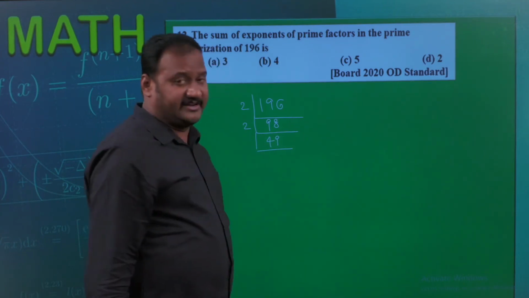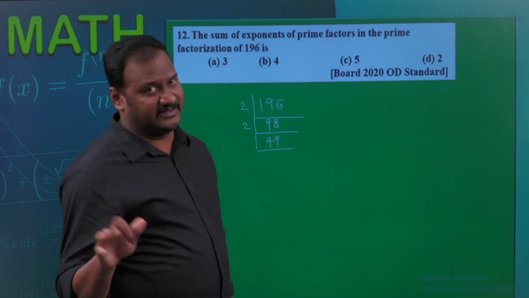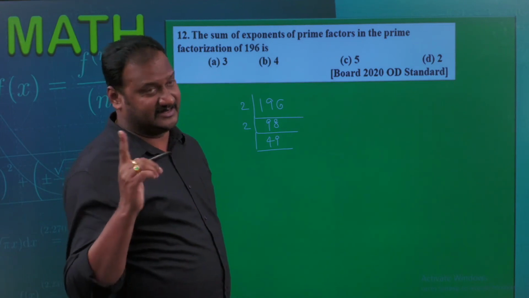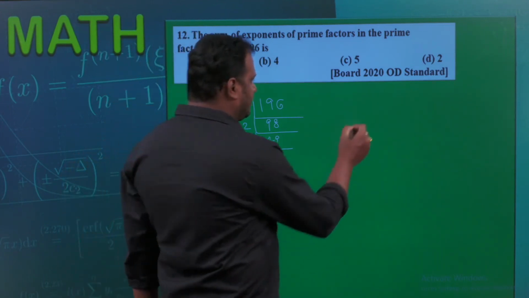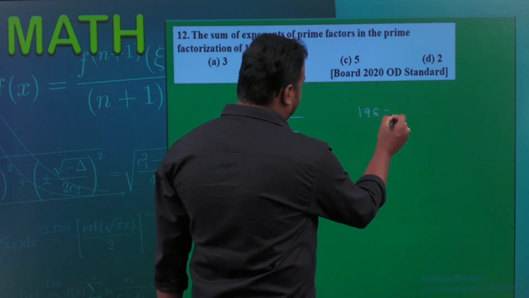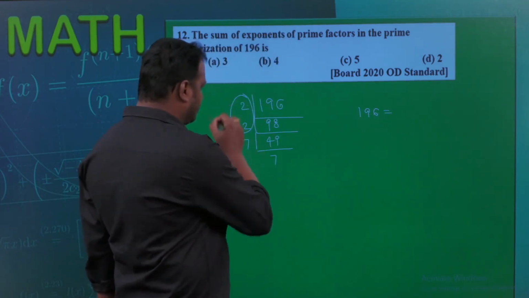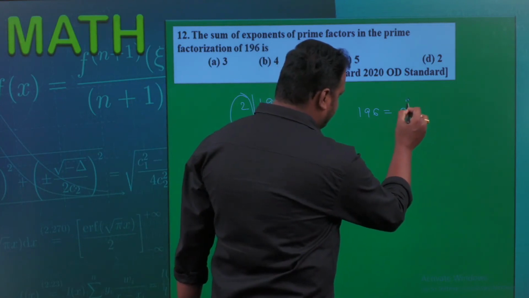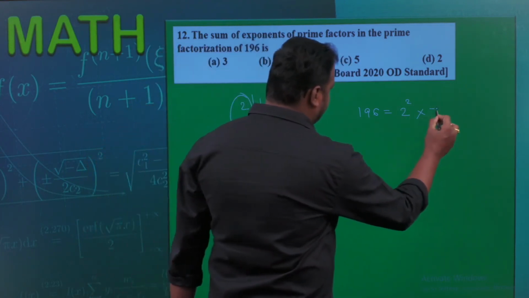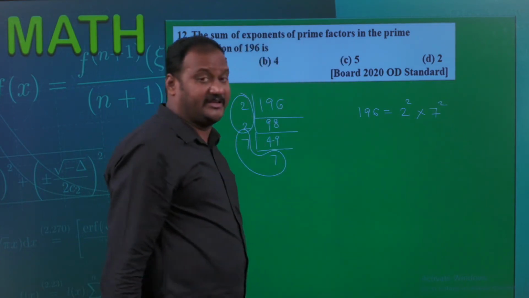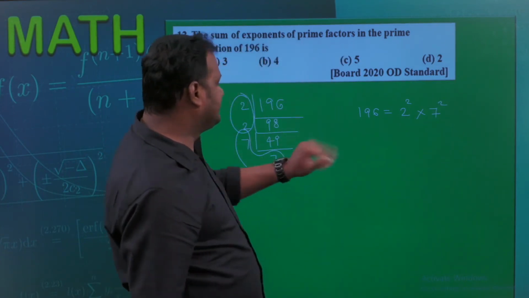See, 49 is not divisible by 2 or 3 or 4 or 5 or 6, but 7. 7 sevens are 49. Therefore, you can write 196 as 2 into 2, which is 2 squared, into 7 into 7, which is 7 squared. This is the prime factorization of 196.